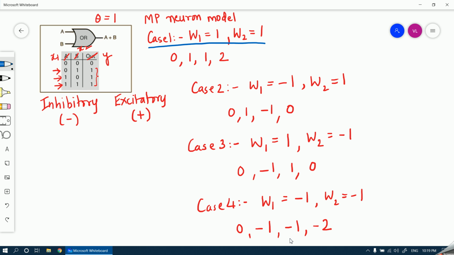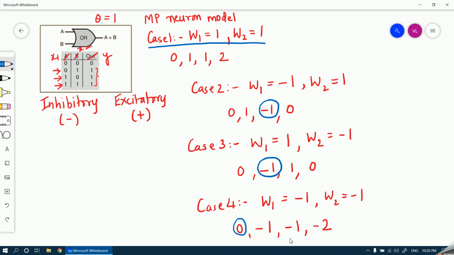In the second case, these three are not satisfying the condition because -1 is less. In the third case, because of this -1, the condition doesn't get satisfied. And in the last case, all the three are not satisfied as this is the greatest. So we can conclude that when both the weights are excitatory, this is the condition when a neuron fires in case of an OR gate.